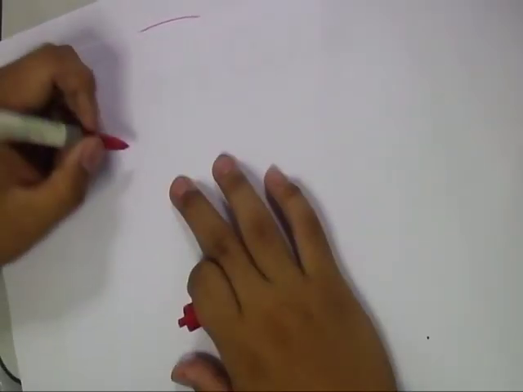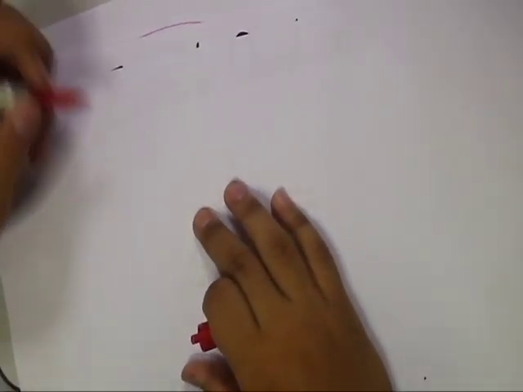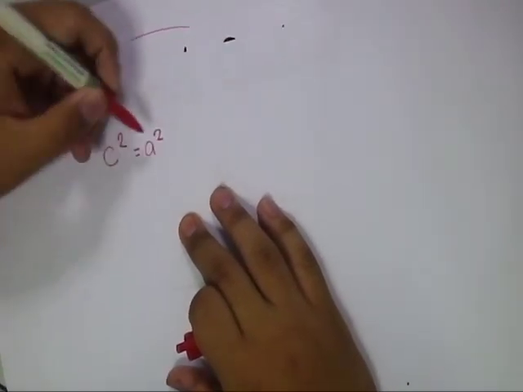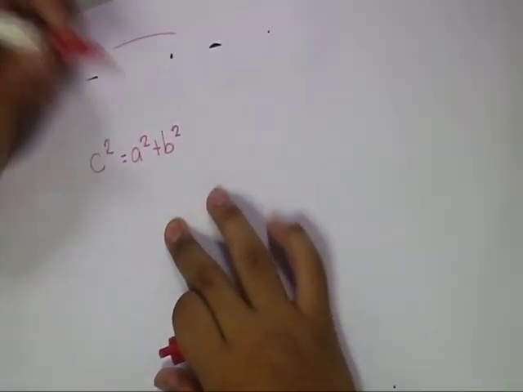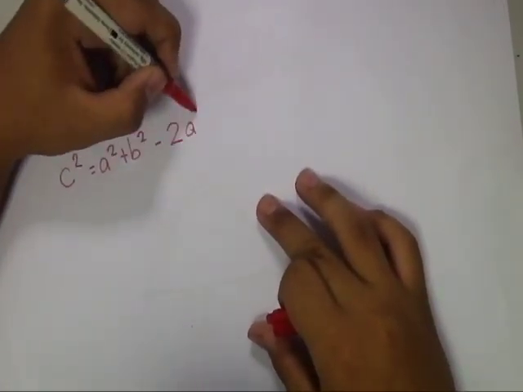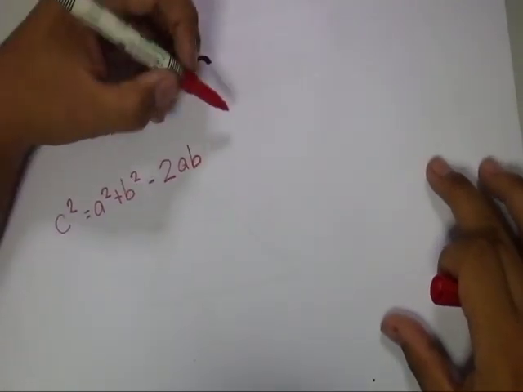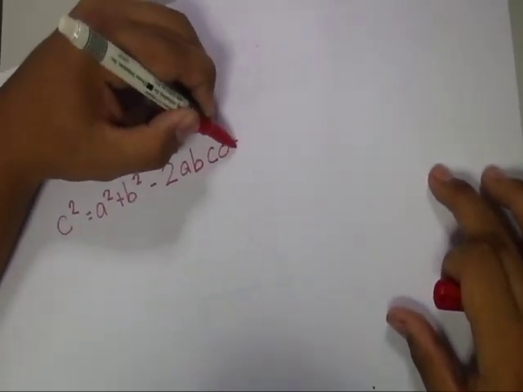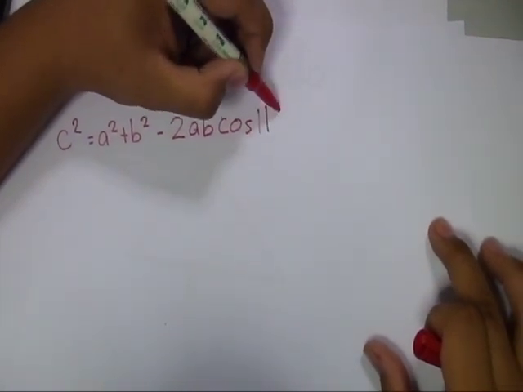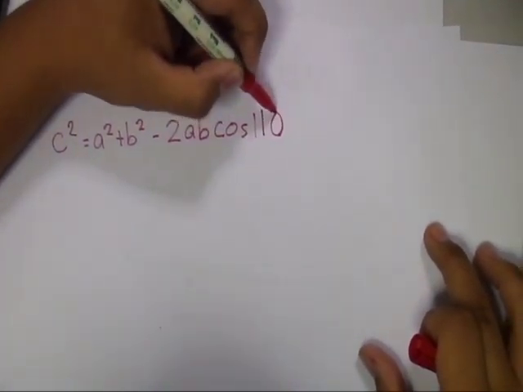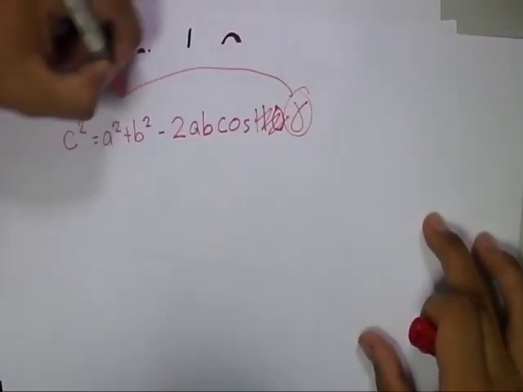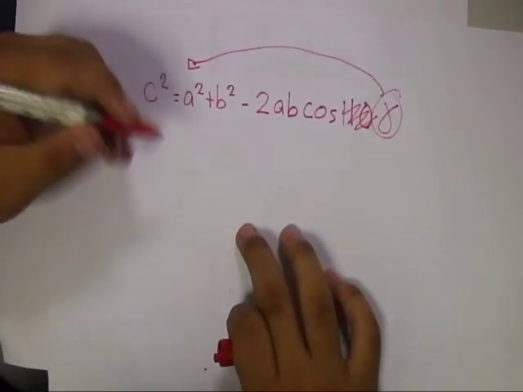First, we must know what formula will be used. C squared is equal to a squared plus b squared, or the Pythagorean theorem, minus twice the product of the two given sides multiplied by the cos of the opposite or the complementary angle of the missing side.